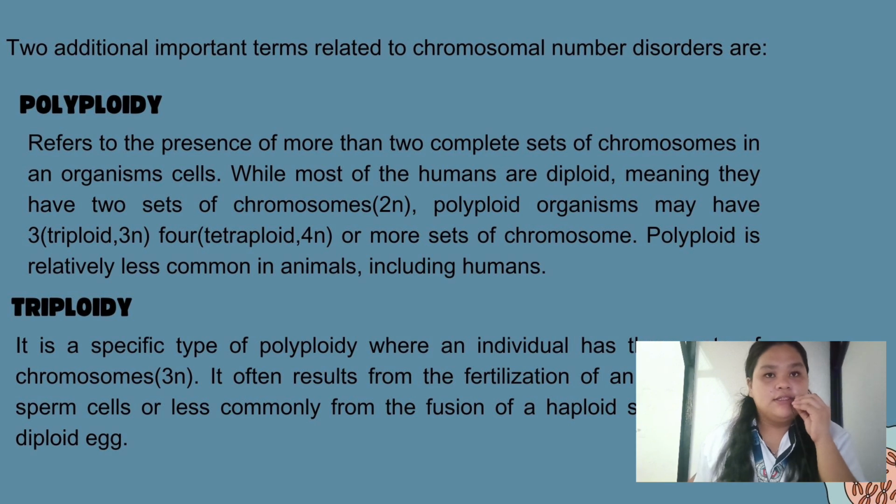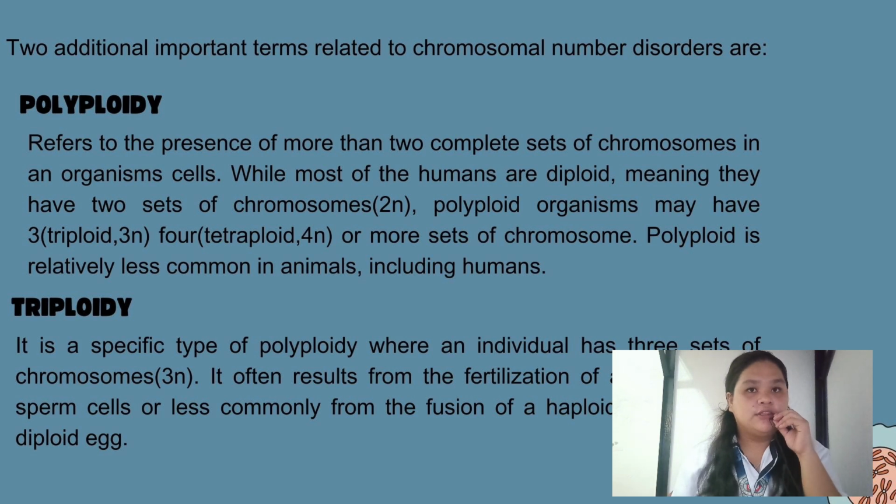Polyploidy arises as a result of non-disjunction in human cells. Non-disjunction happens when members of a pair of homologous chromosomes fail to separate during meiosis. In humans, this condition is lethal.